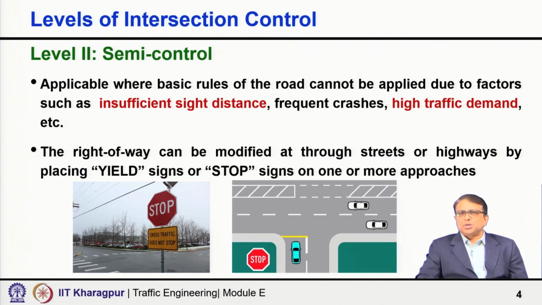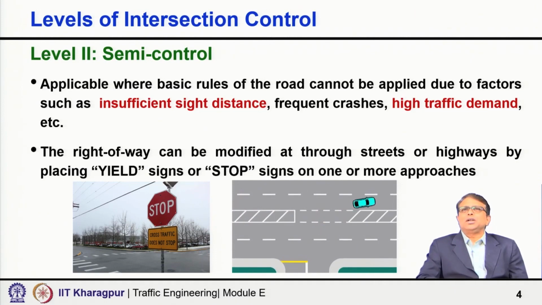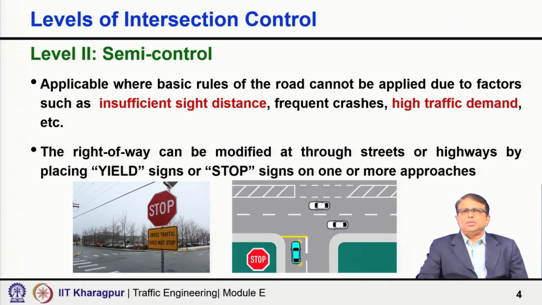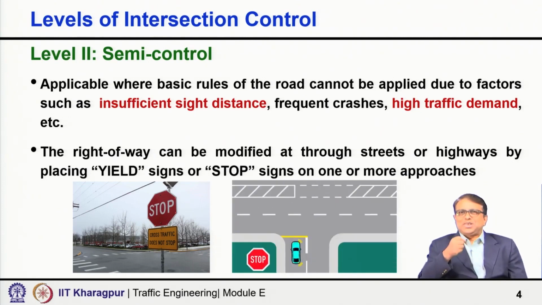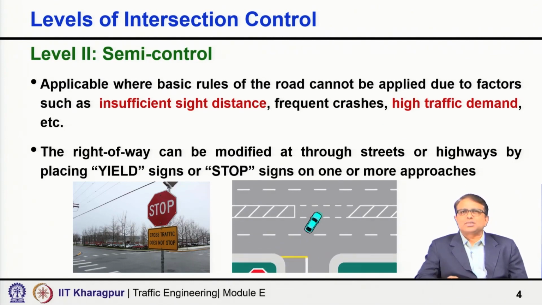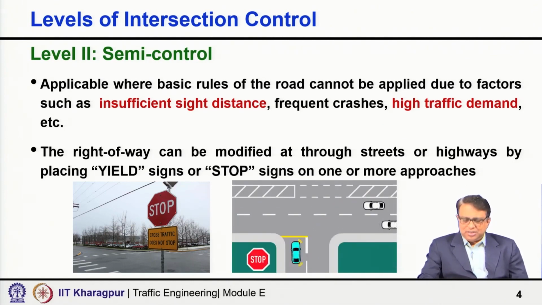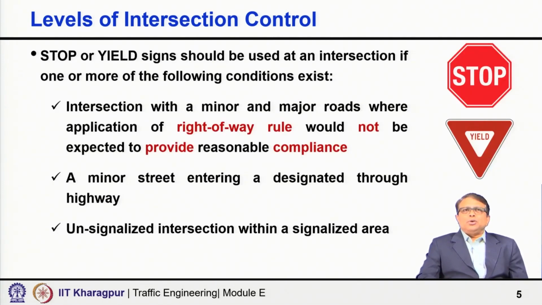The yield sign and stop sign both come under semi control, but the functions or the instructions are not the same. I shall discuss it in the next slide. So, stop or yield signs should be used at an intersection if one or more of the following conditions exist. I already discussed some of those.